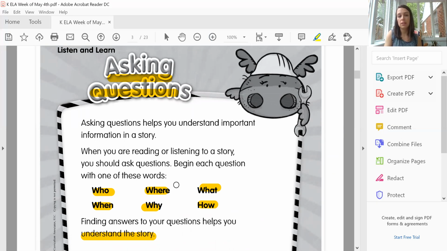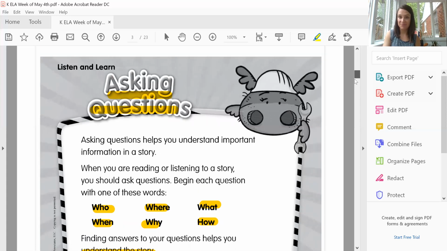Another question we can ask is, where is the story taking place? Another question we could ask is, what is the character doing? Or when is the story happening? Or why did the character do that? Or how was the problem solved? Those are some questions we can ask as we're reading to help us to better understand.